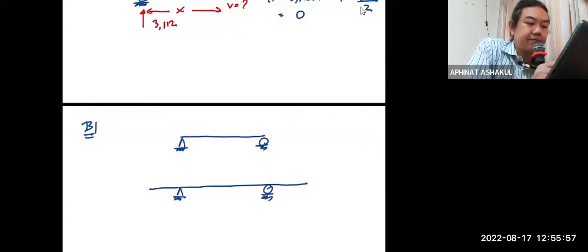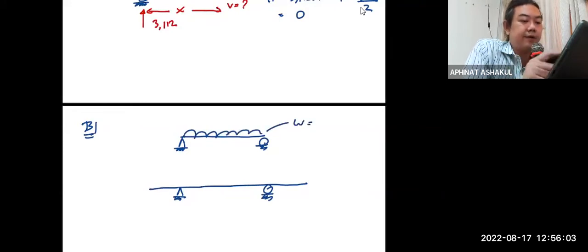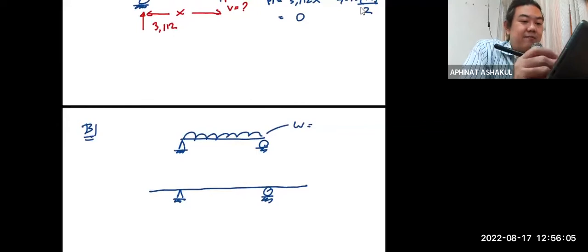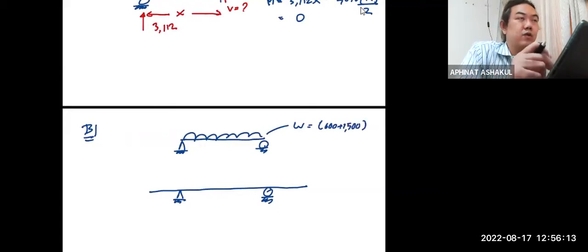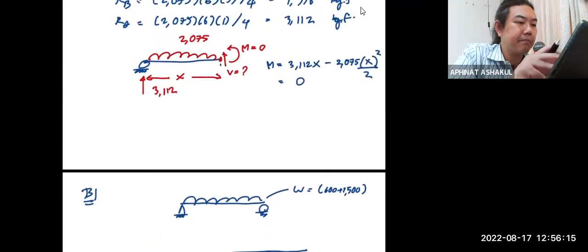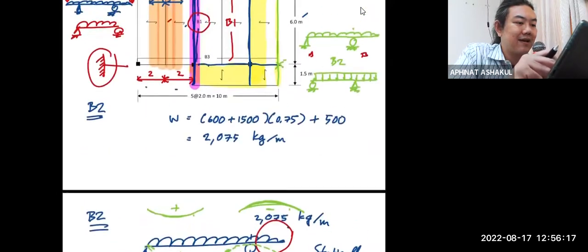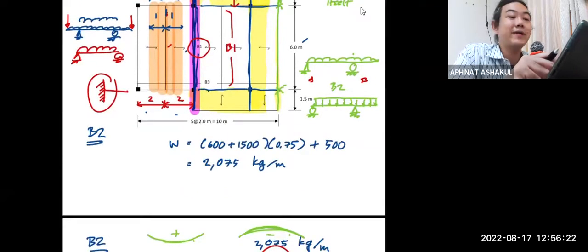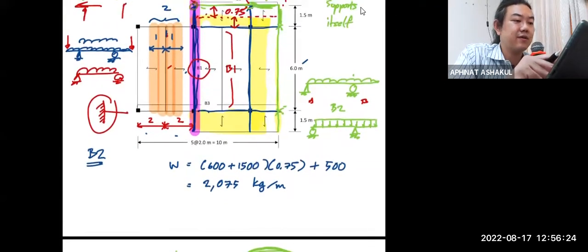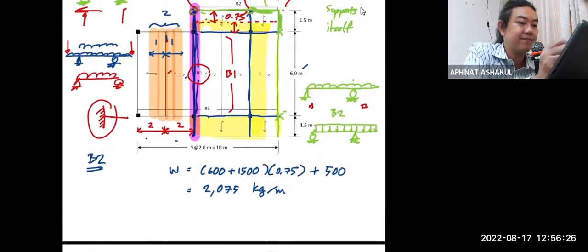Right here, the W is simply 600 plus 1500 multiplied by the tributary width, which is how much? I think it's 2, right? Do you agree? 2 meters becomes the tributary width, just like this.